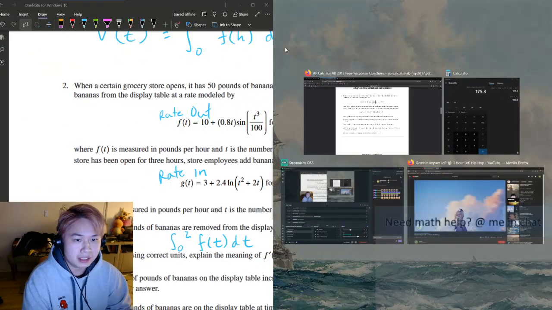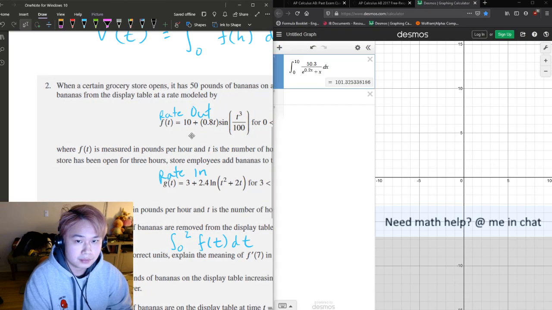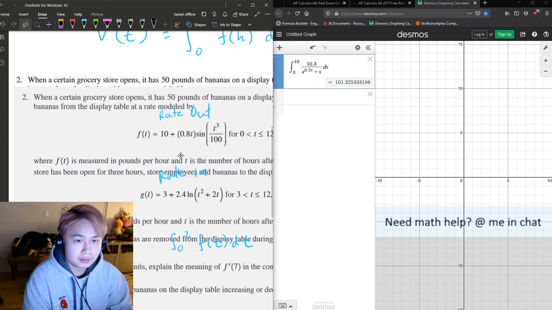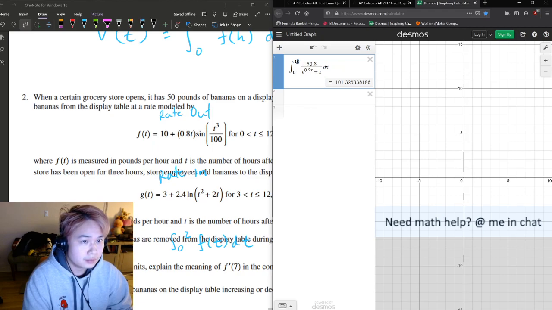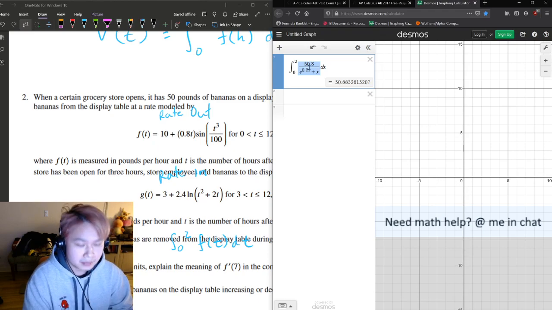So back to my calculator. And I'm just gonna change this a little bit. So I'm just typing in the function.